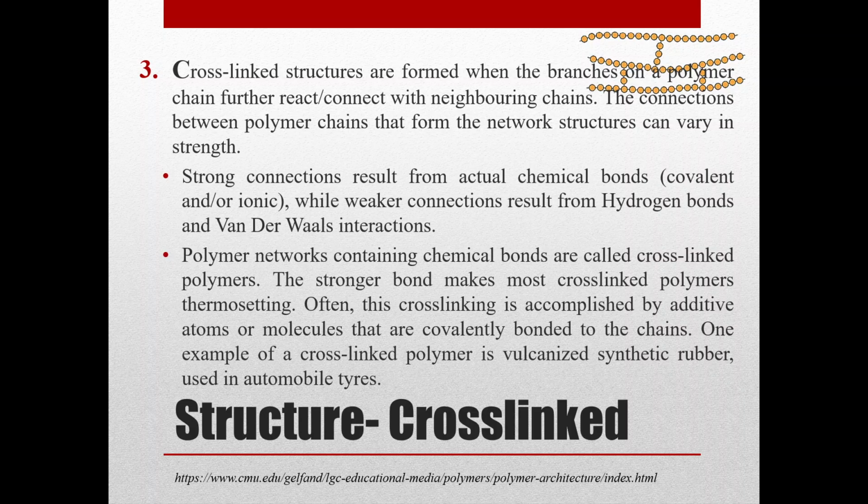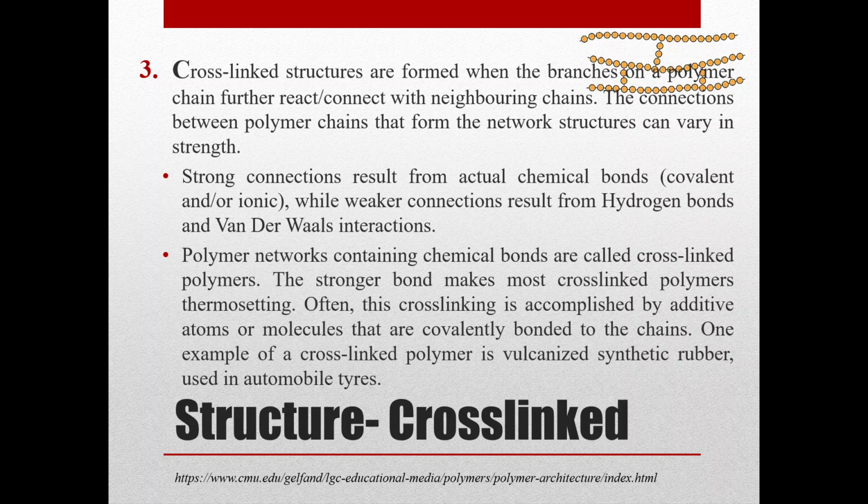So, polymer networks containing chemical bonds are called cross-linked polymers. The stronger bond makes most cross-linked polymers of the thermosetting type. So, since the cross-linking is quite strong, such polymers you will normally find as the thermosetting ones, unlike the other structures which were thermoplastic. Often, this cross-linking is accomplished by additive atoms or molecules that are covalently bonded to the chains.